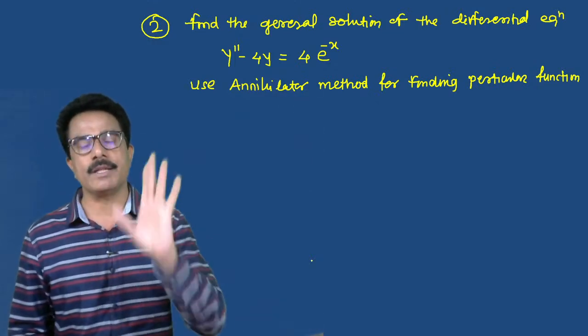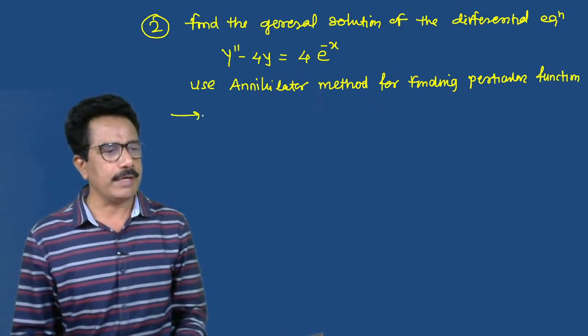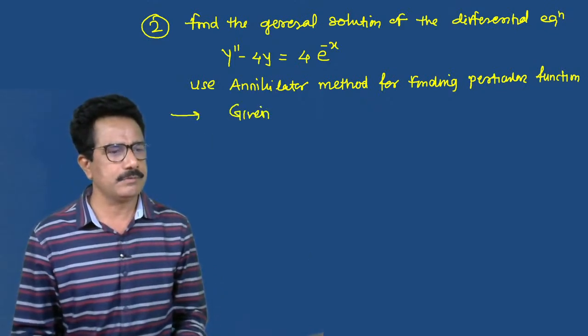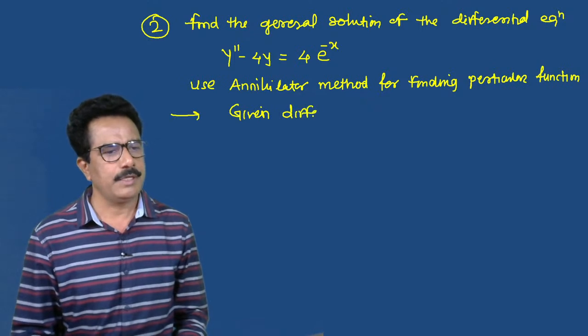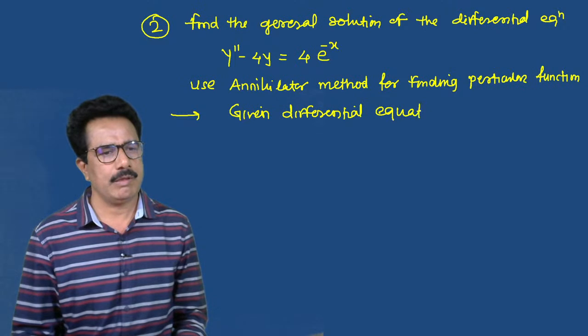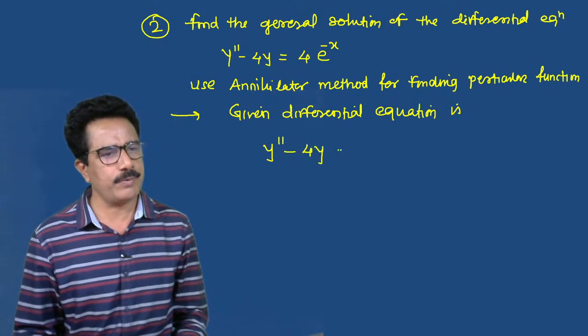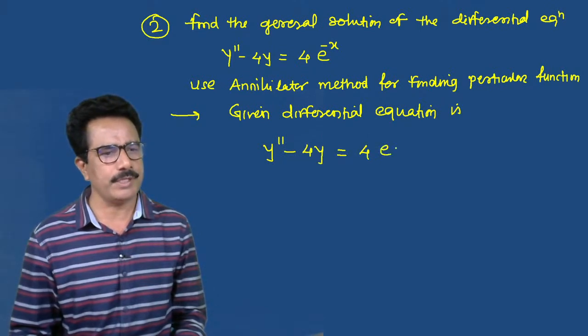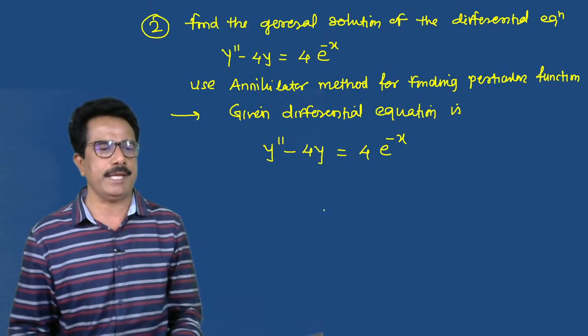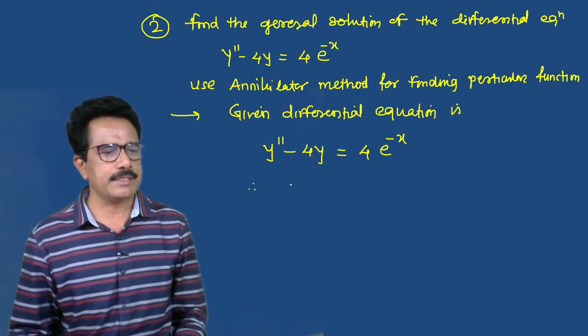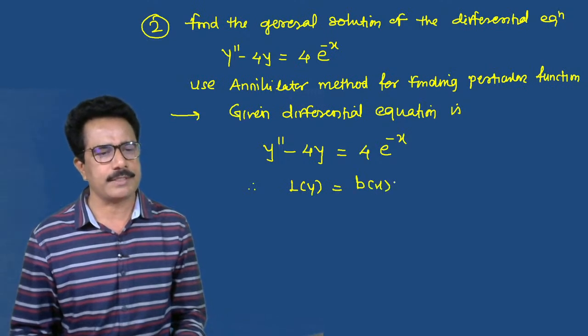We have to find out the particular function. See this, the given differential equation is y double dash minus 4y is equal to 4 into e raised to minus x, that is L of y which is equal to b of x.